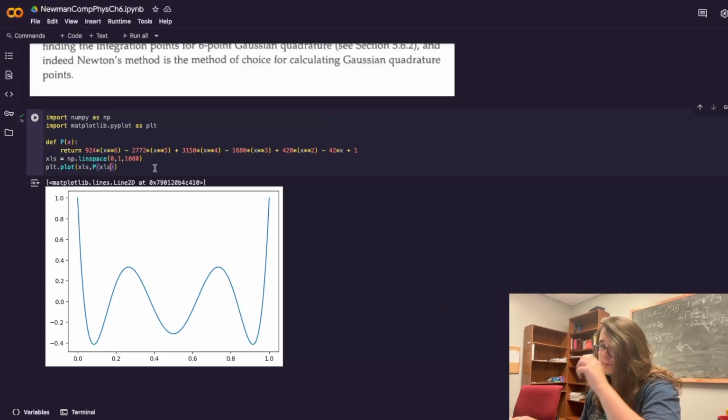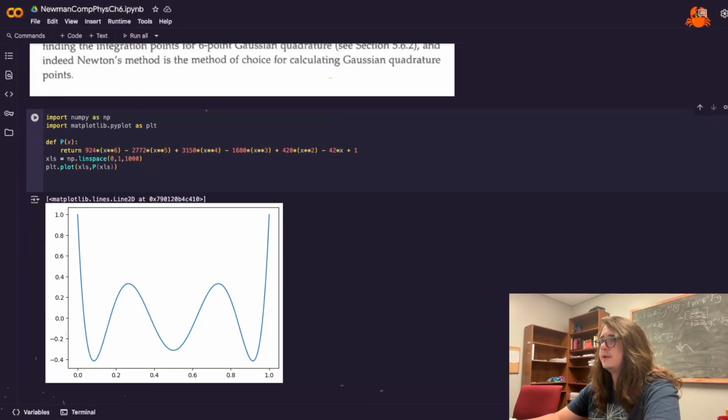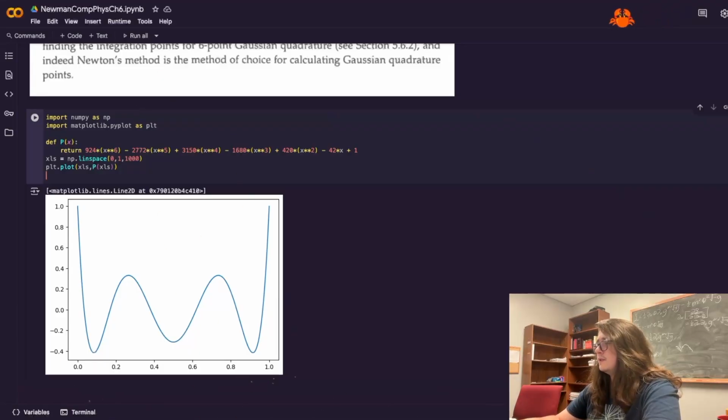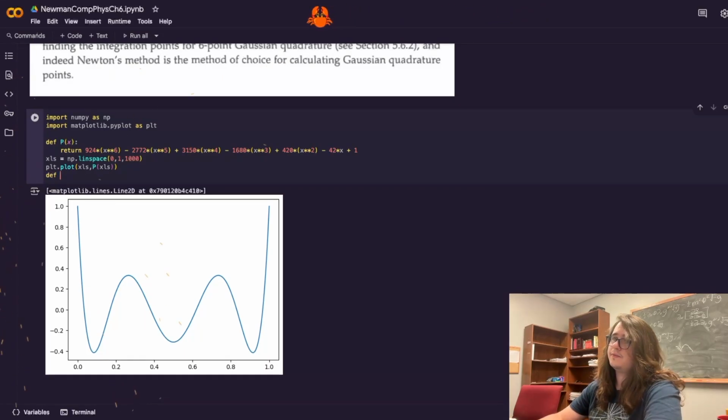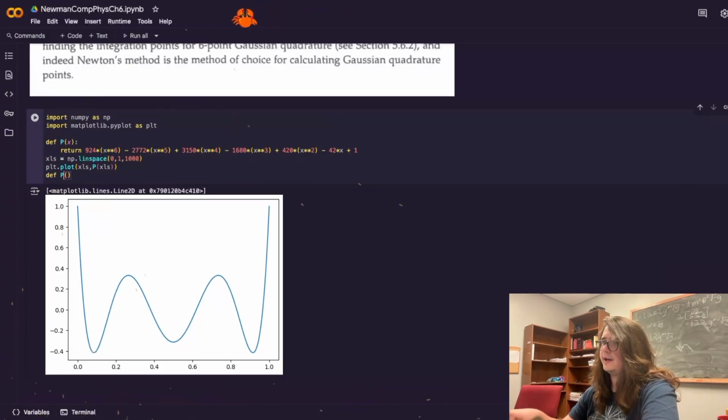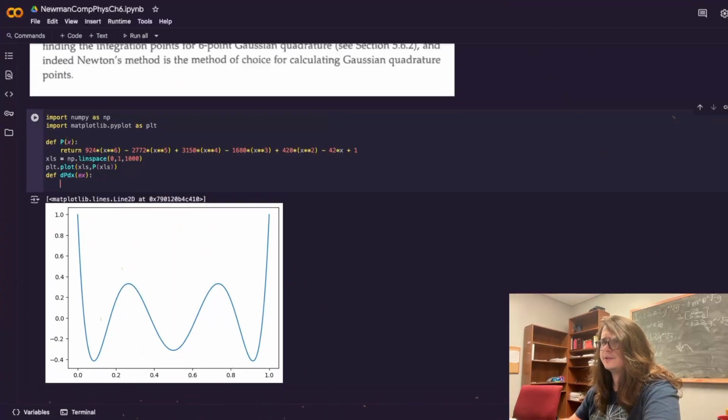So to find the roots of this, again, we're doing Newton's method, so I'm just going to enter into this same code cell. What you need for Newton's method is the derivative of the function that you're trying to find the roots of. Thankfully, this is just a polynomial, so we can very easily do the power rule derivative on this.